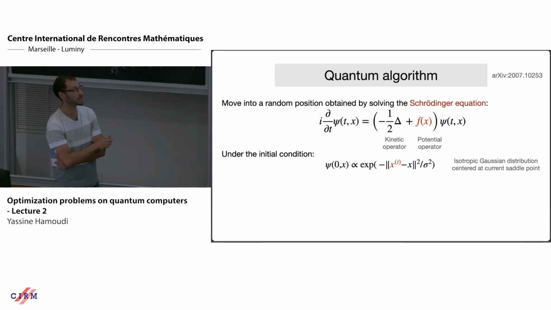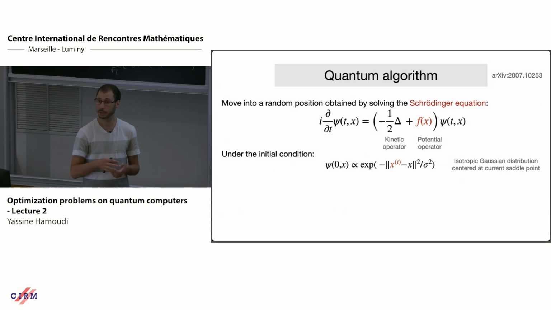So this is just an instantiation of the Schrödinger equation using the objective function f. Now, the initial condition at time t equals 0 is an isotropic Gaussian distribution centered at the saddle point. So initially your distribution is uniformly Gaussian around the saddle point, and you have the same chance of moving in all directions.